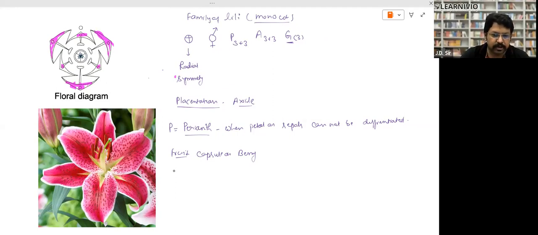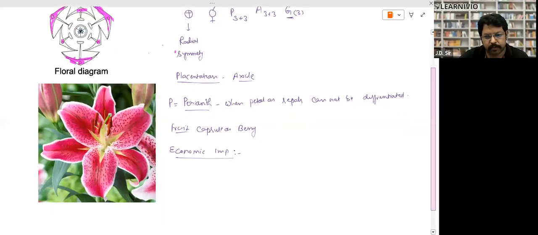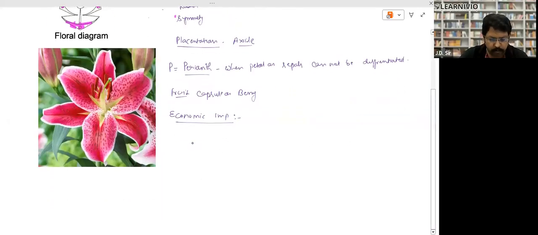And what is its economic importance? Let me share with you the economic importance of this one. In ornamental plants, tulip belongs to this family. Tulip. In medicine, aloe belongs to this family.